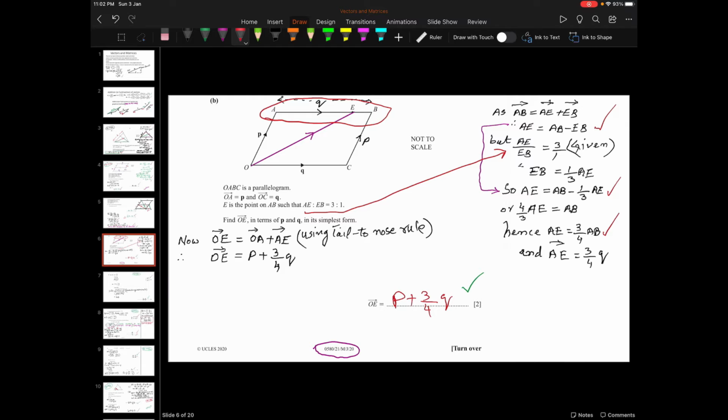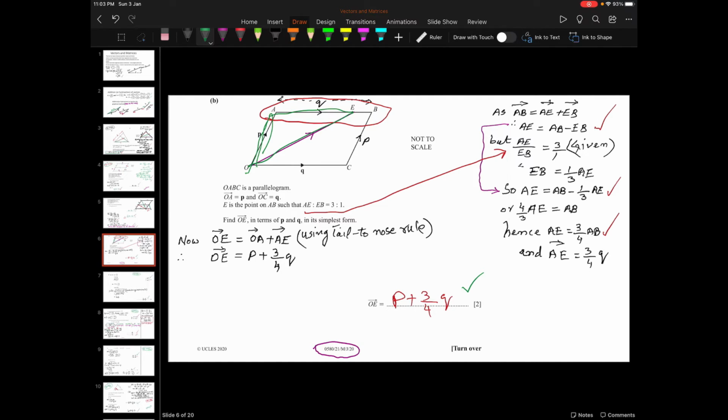AB. But vector AB is equal to Q. Then AE vector is equal to 3 upon 4Q. Now again we are using tail to nose rule and write OE is equal to OA plus AE.